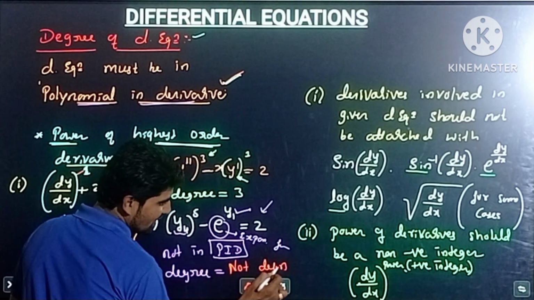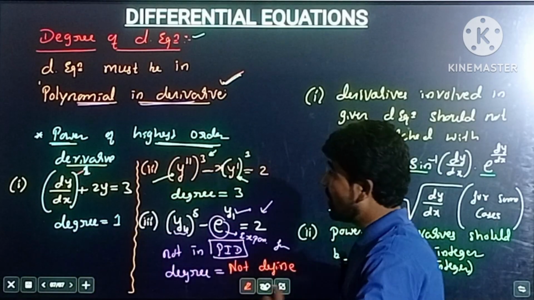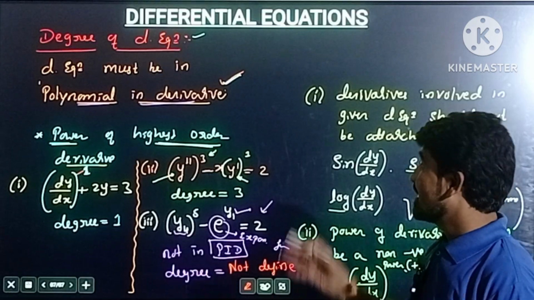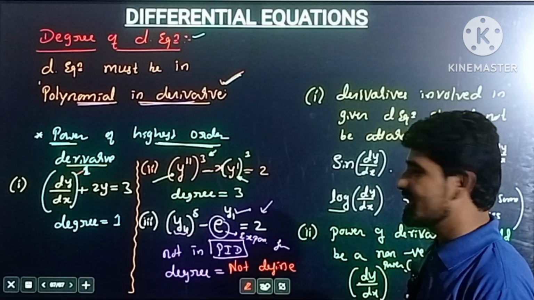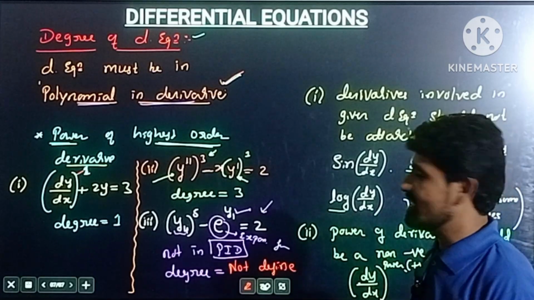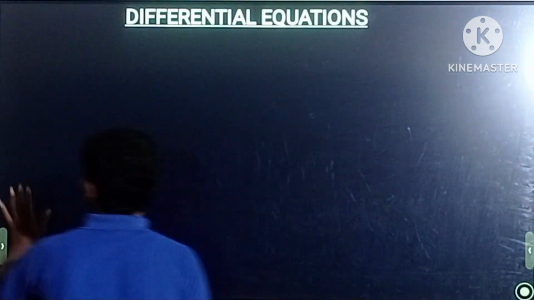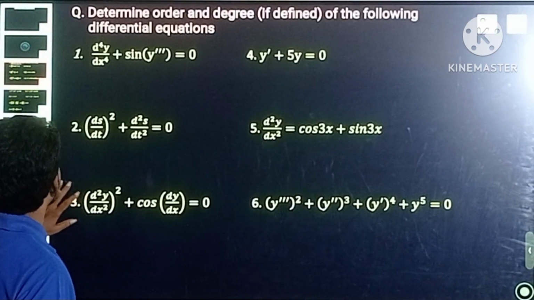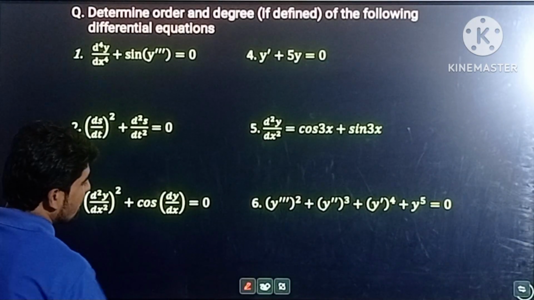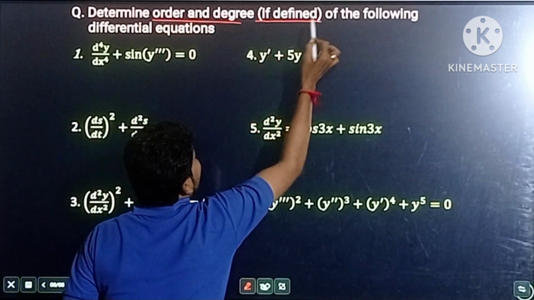I hope all of you understood the concept of degree of a differential equation and how to determine it. So let us consider some examples for determining the order and degree of the differential equation from your first exercise of the chapter Differential Equations. Here the question is: determine order and degree, if defined.